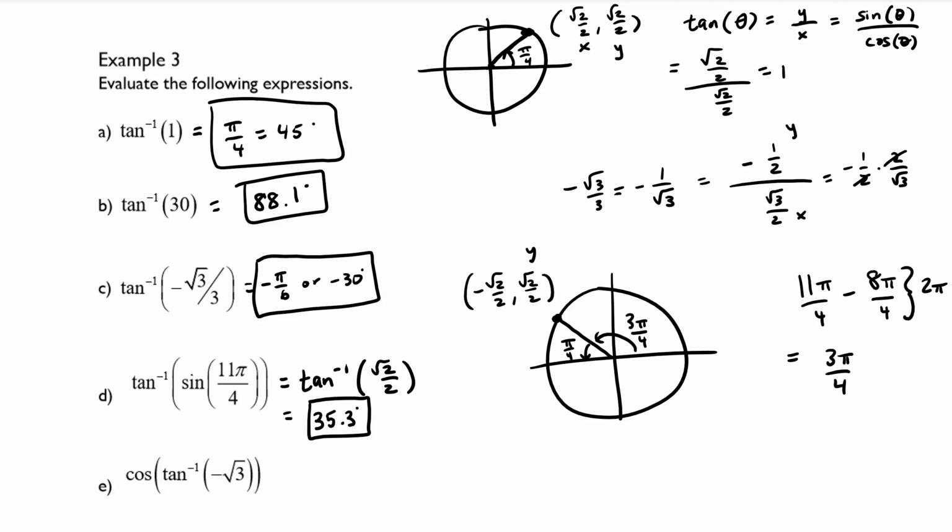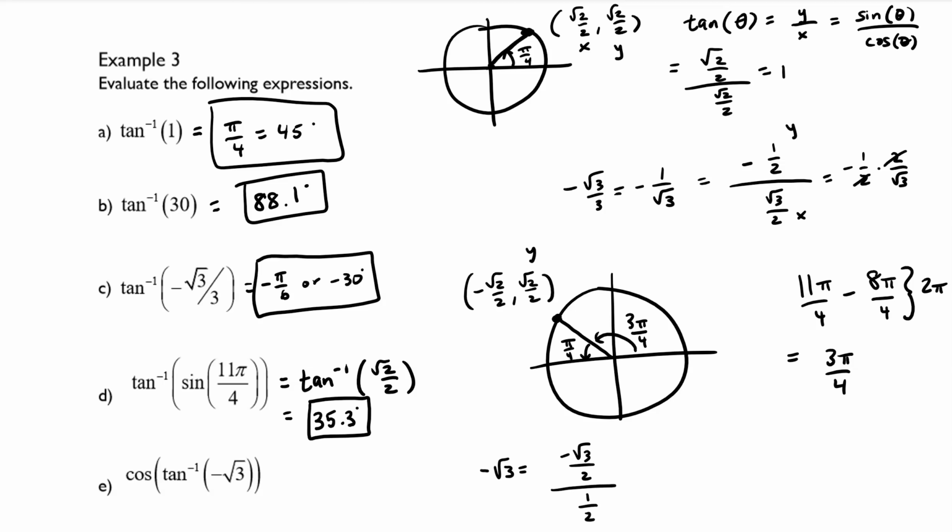All right. Last part for this example, cosine of tangent inverse of negative square root of 3. It might not seem immediately clear, but negative square root of 3 is one of the common unit circle values because negative root 3, we get that from negative root 3 over 2 divided by 1/2.